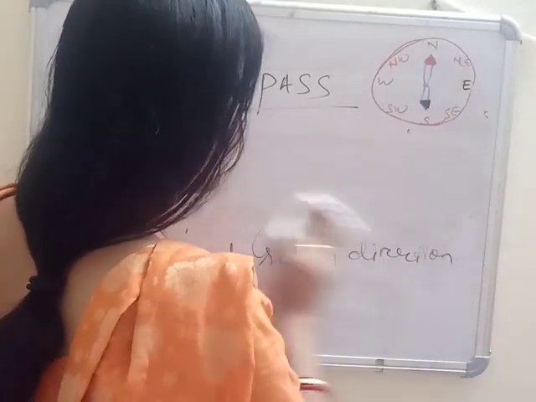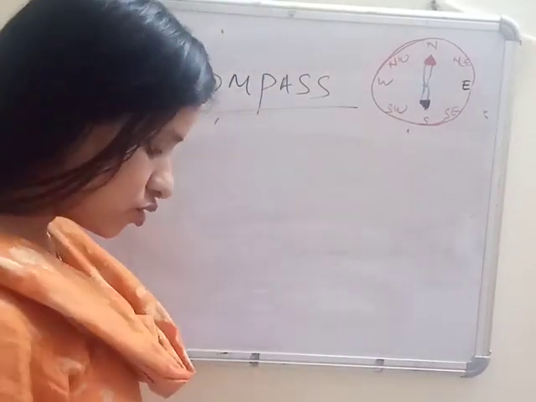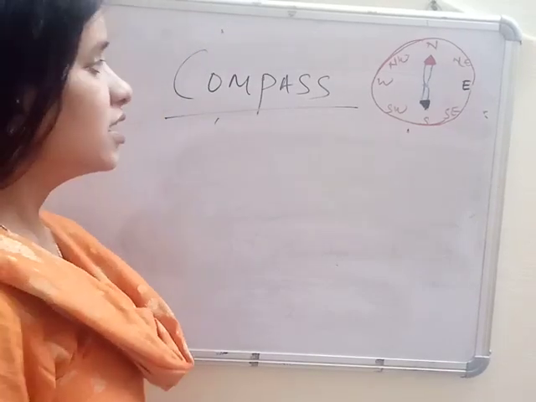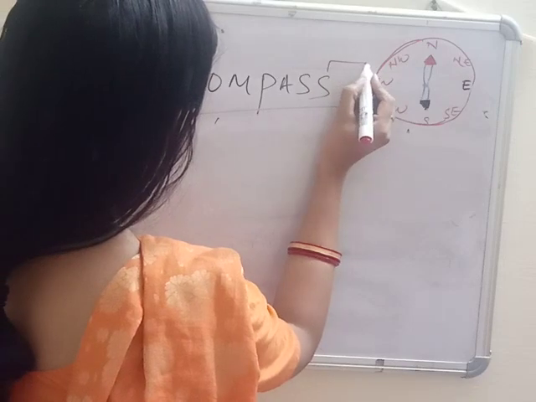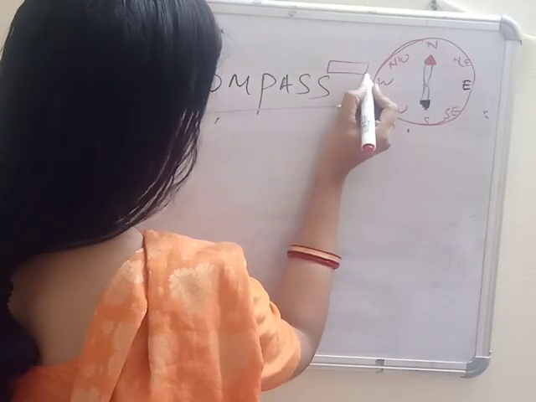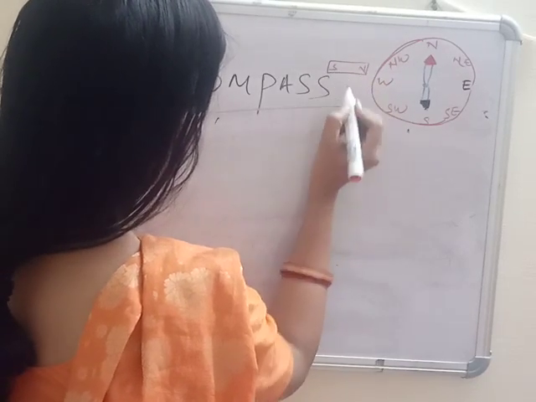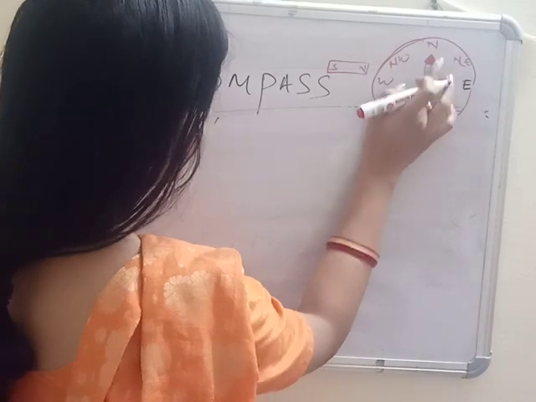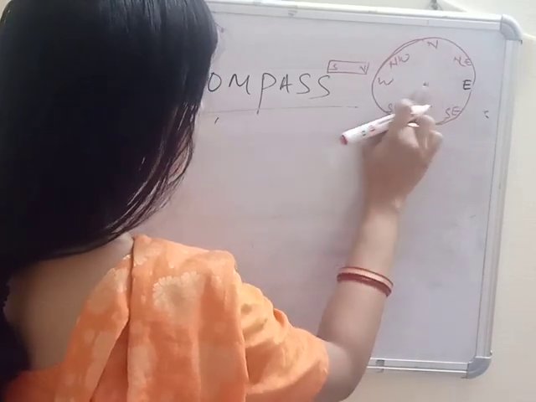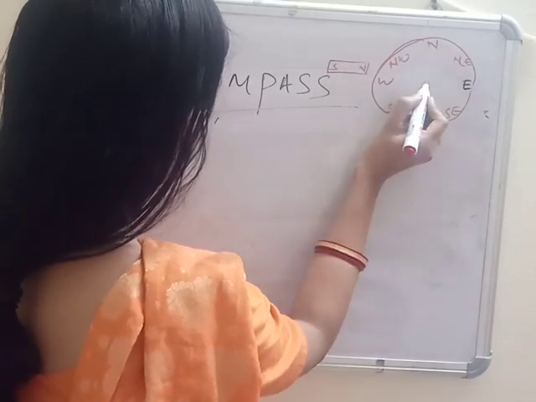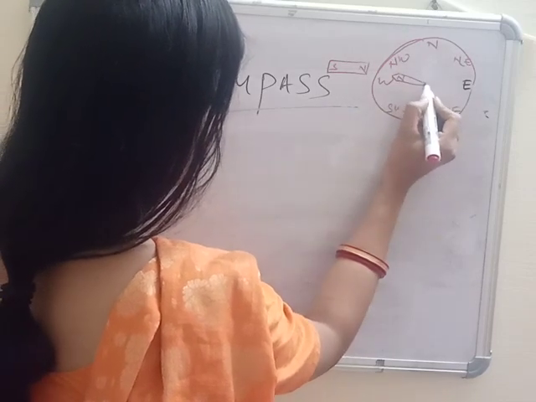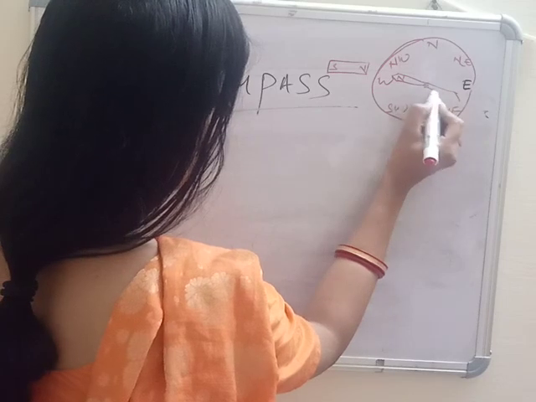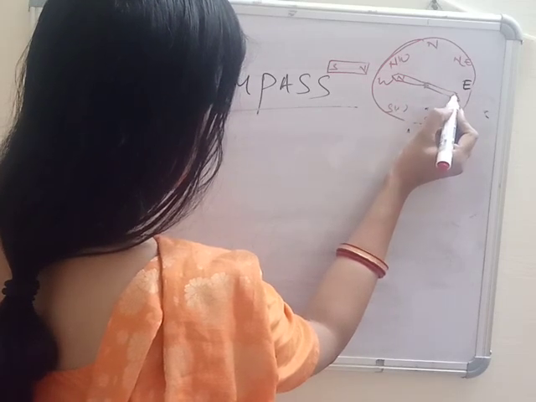if I bring any magnet near the compass, what happens? Let's see. If I bring a magnet over here which has north and south poles, immediately the needle's north and south ends are going to move. The north side is this one now, so the needle is going to point towards this north, like this.